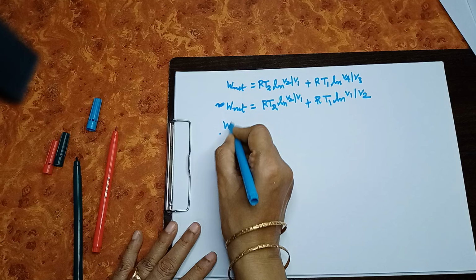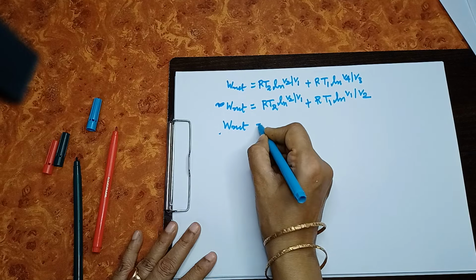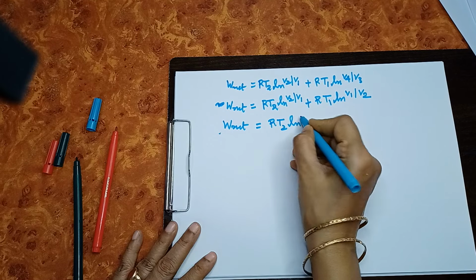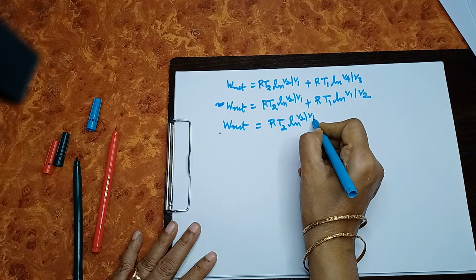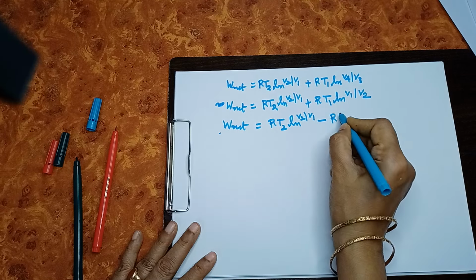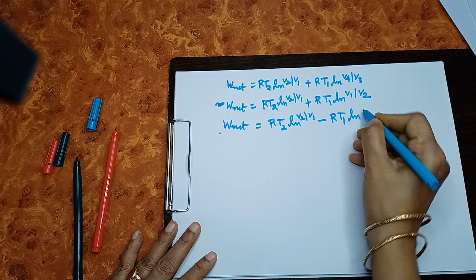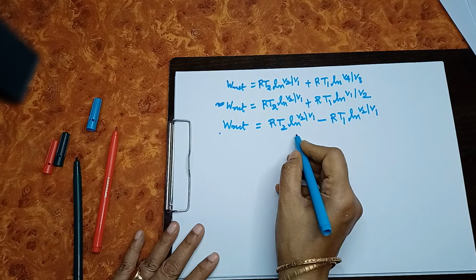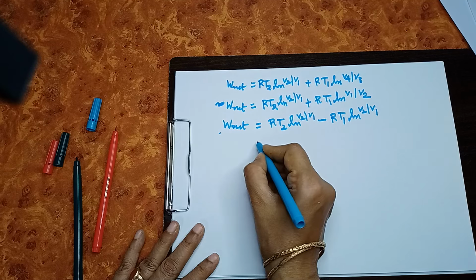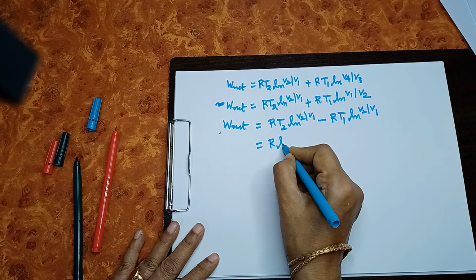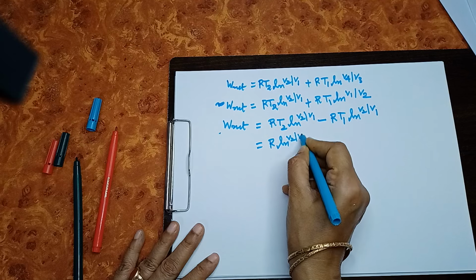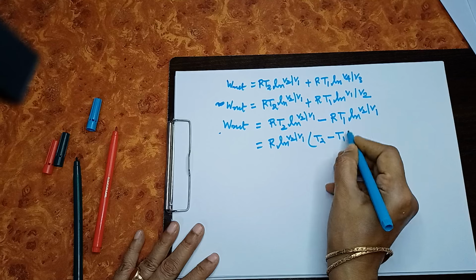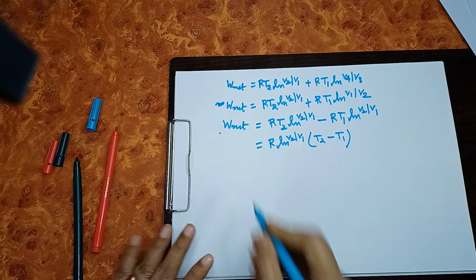So we can write W net is equal to RT2 ln V2 by V1 minus RT1 ln V2 by V1. Right? So here if I take R and ln V2 by V1 as common, then it is T2 minus T1. So this is W net.